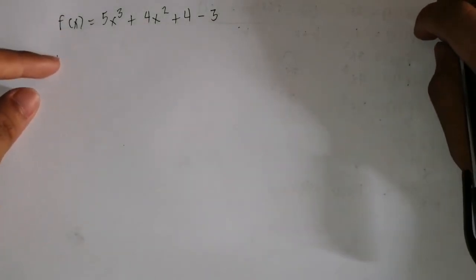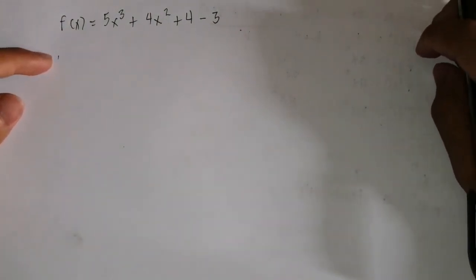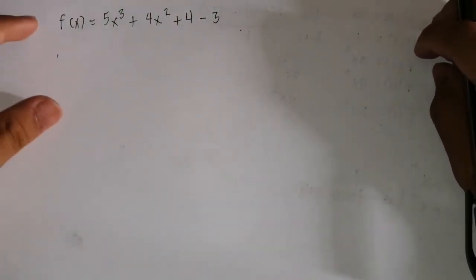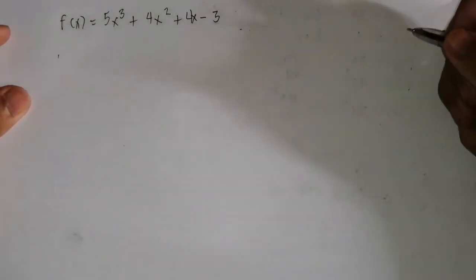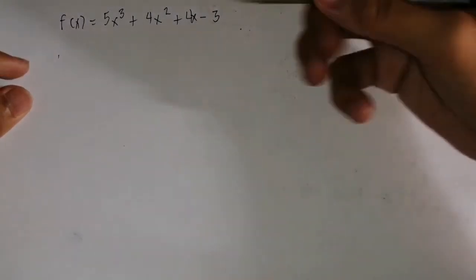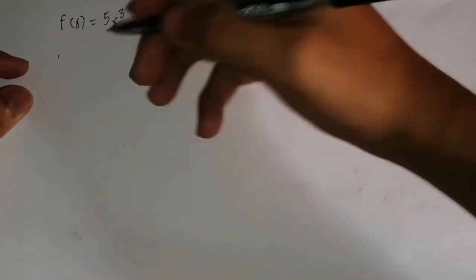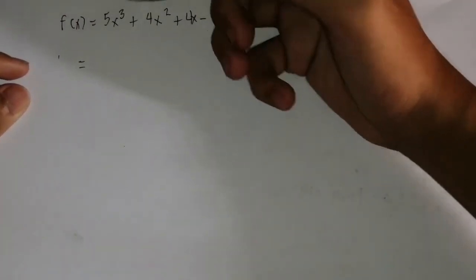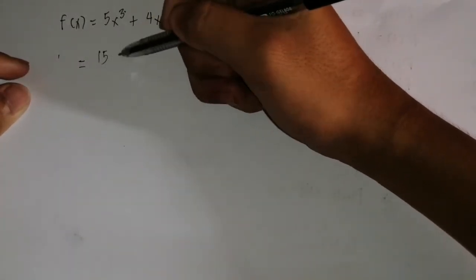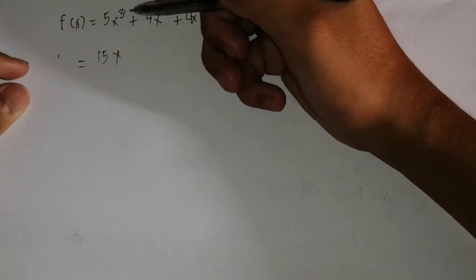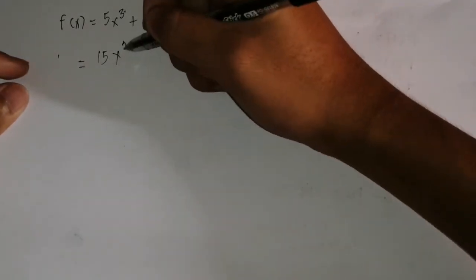For example, let's say we have the function 5x cubed plus 4x squared plus 4x minus 3. We are looking for the derivative of this function. We just do 3 times 5 is 15, then x, 3 minus 1 is 2.